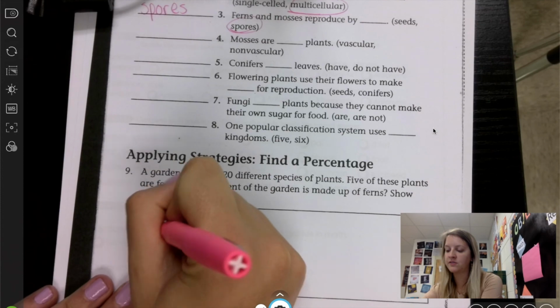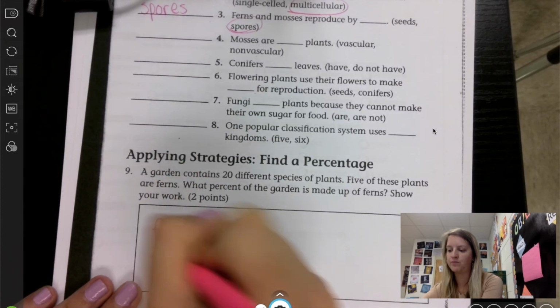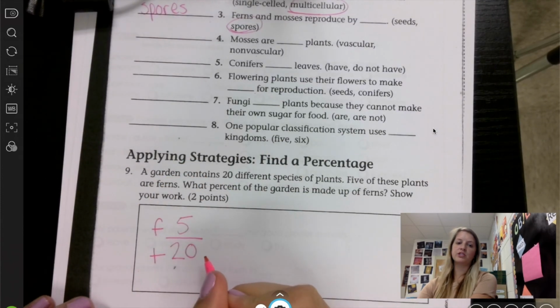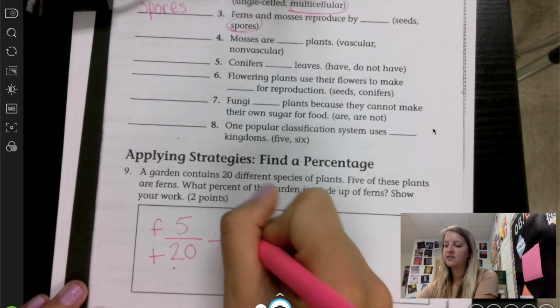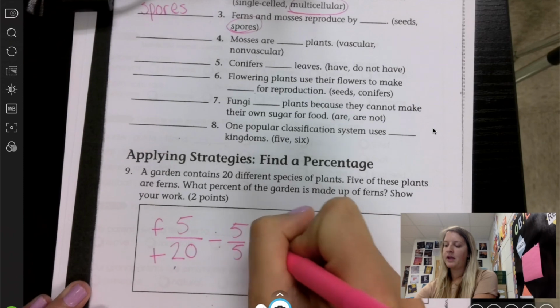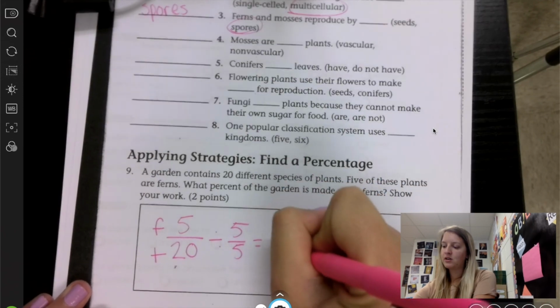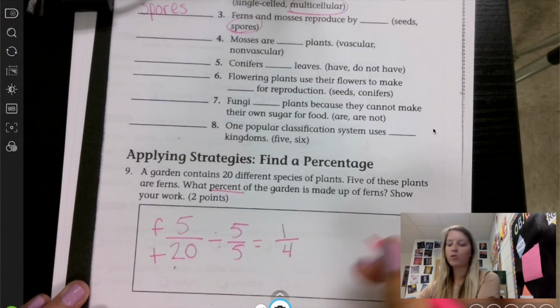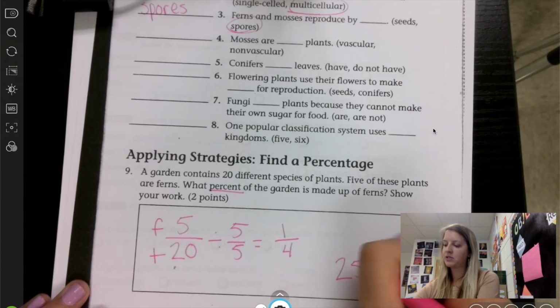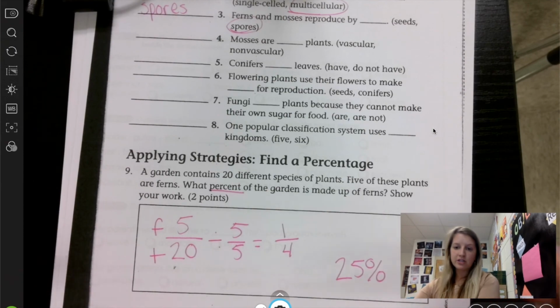So this is the ferns and this is our total. And then I need to reduce that. So I'd reduce that by dividing each of those by 5 and getting 1/4. But I know that it asked me for a percent, and I know that 1/4 is 25%. Make sure that you show your work.